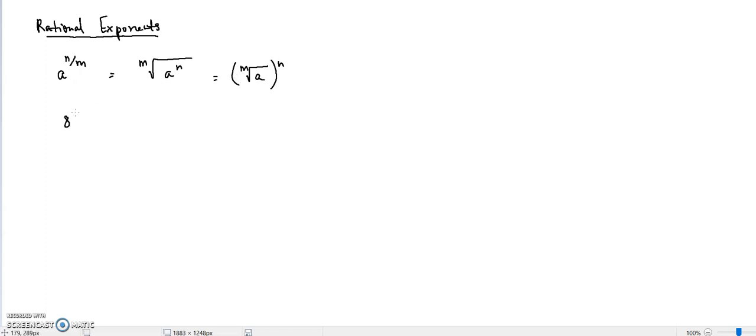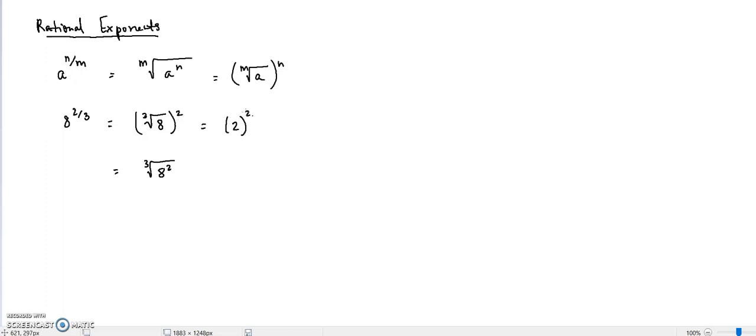So if you're simplifying these, let's say you've got 8 to the 2/3. That would be the cube root of 8 squared, or the cube root of 8 squared. Both of those should come out the same. This is just order of operations, which one we do first. This one says do the cube root first.